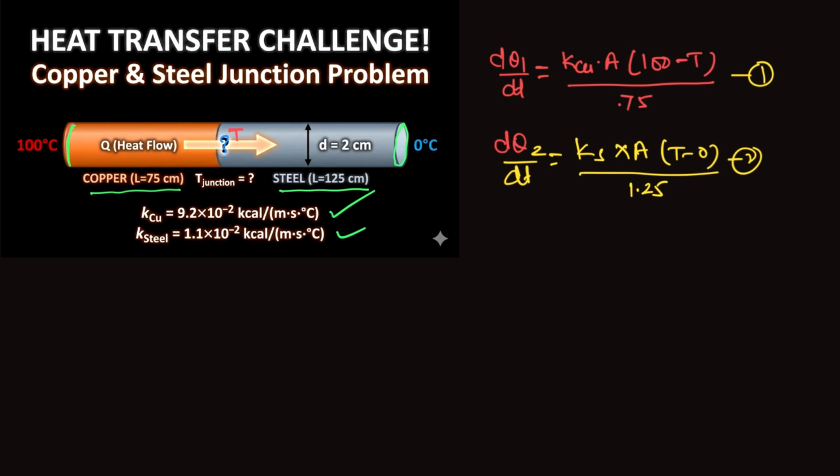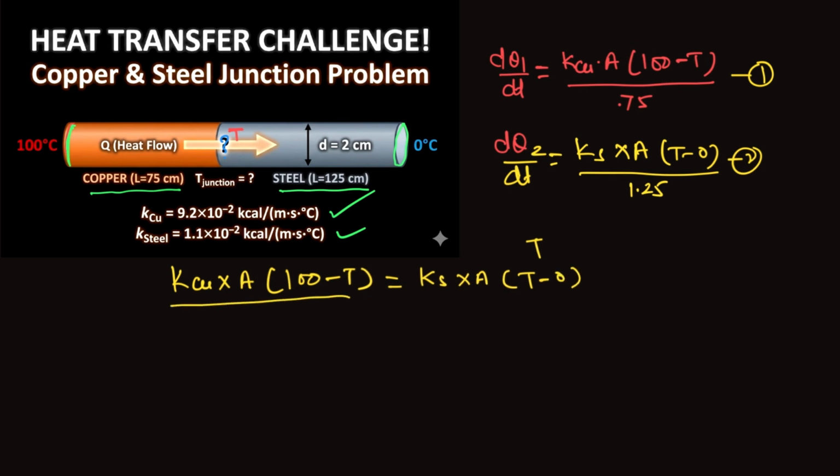Why? Because whatever amount of heat will flow from this to this one, same amount heat will flow from junction to that. Now after equating these two, and substituting value of everything, what we'll get, area and K's, and we will get T is equal to, just I am equating these two, K copper into area into 100 minus T, that should be equal to K steel into area into T minus 0, and this one is 0.75, and this one is 1.25.